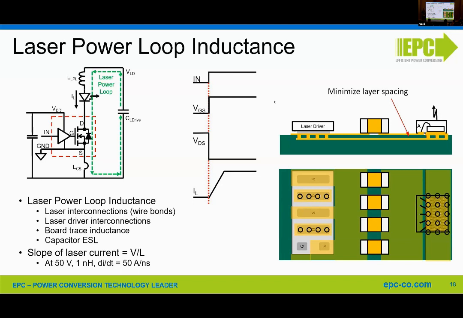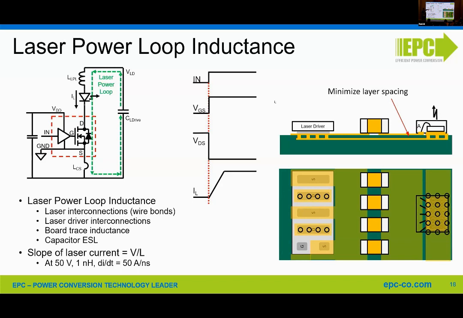Now, what's most important about this is the inductance. So what we want is very, very narrow spacing in between the top layer and the second layer. Okay, and that's going to help cancel most of the inductance in the circuit. Now, from a top view, which is shown down in the bottom, we want very, very wide traces to minimize the inductance.